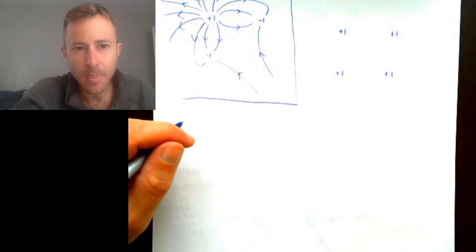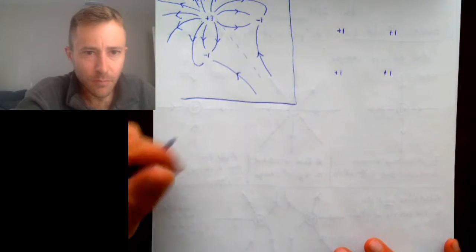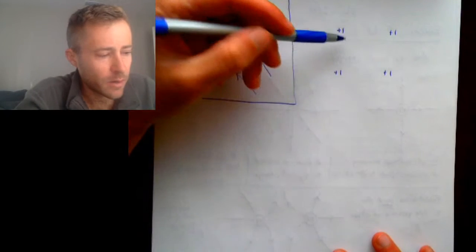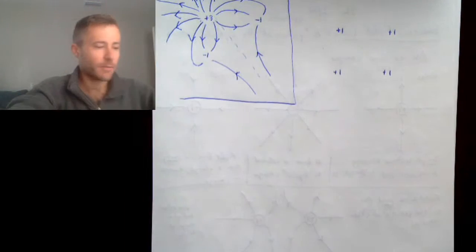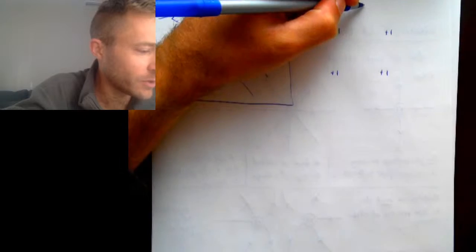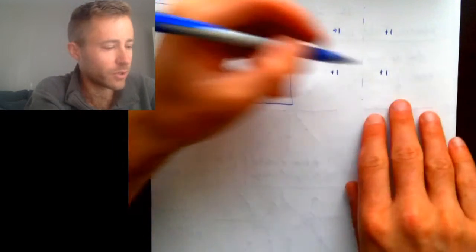All right. So here we have a +1 next to a +1, so that does the thing. And so obviously this is going to have lines of symmetry, right? Like this is a line of symmetry of the charge distribution. This is a line of symmetry.